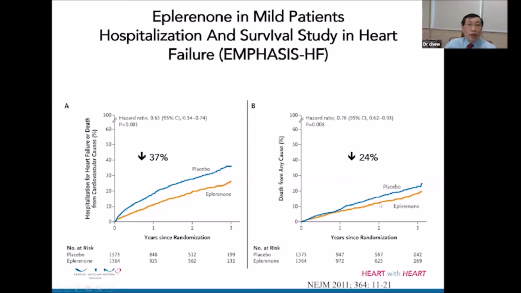So this established the third class of agent for the treatment of heart failure with reduced ejection fraction, which is a mineralocorticoid receptor antagonist. Spironolactone is much cheaper than eplerenone, so it is usually preferred, but eplerenone has the advantage that it doesn't have hormonal side effects like gynecomastia.